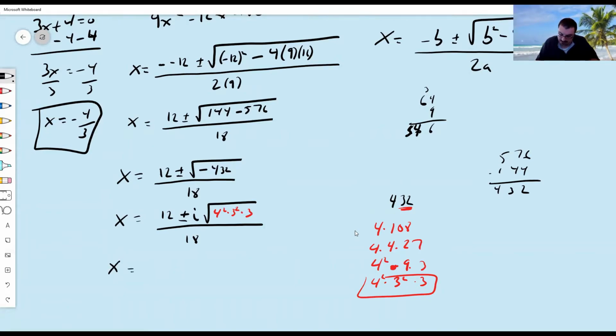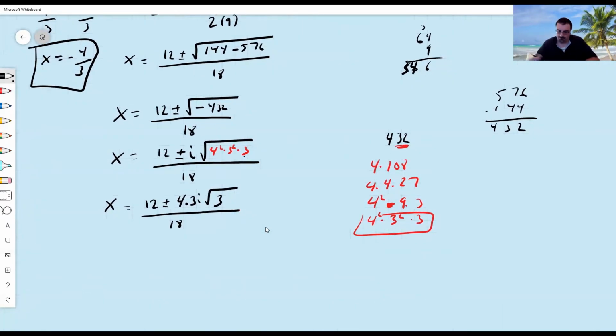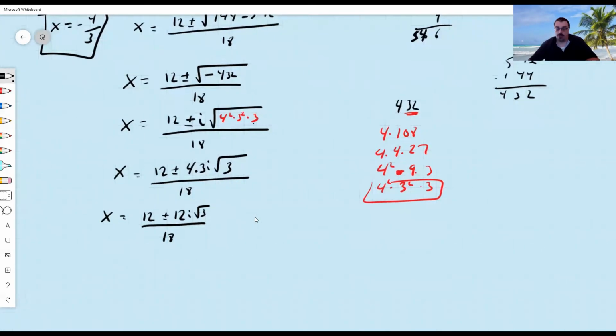All the squares are going to come out nicely. So x equals 12 plus or minus the square root of 4 squared, which is 4, the square root of 3 squared, which is 3. The i is still outside, and this 3 here stays in, over 18. Now in order to simplify it, I need to factor the numerator.